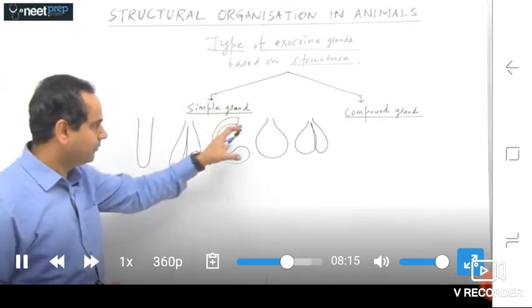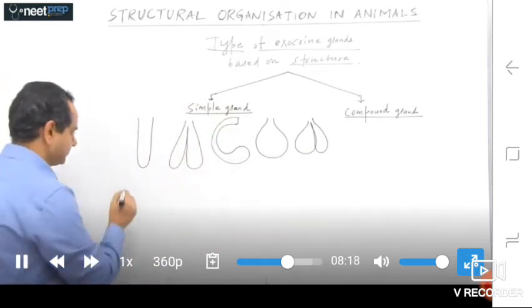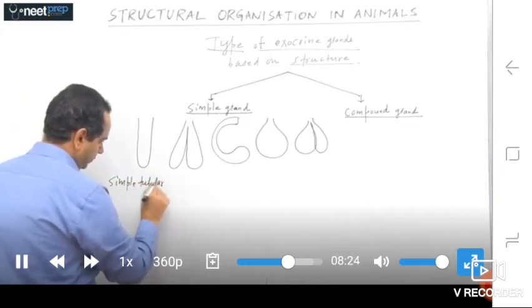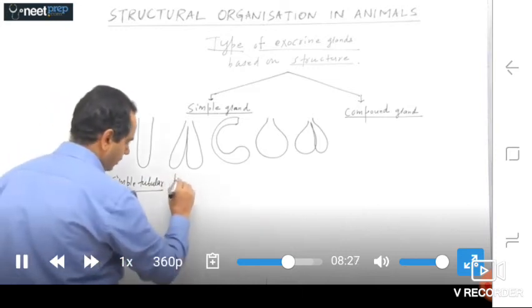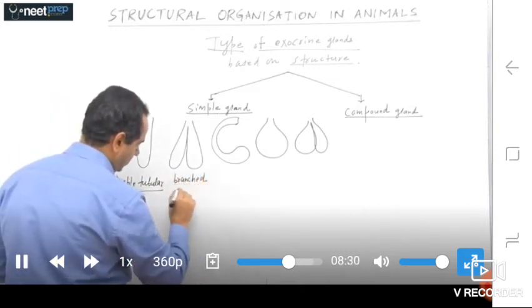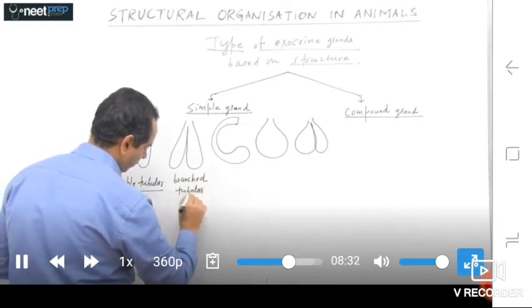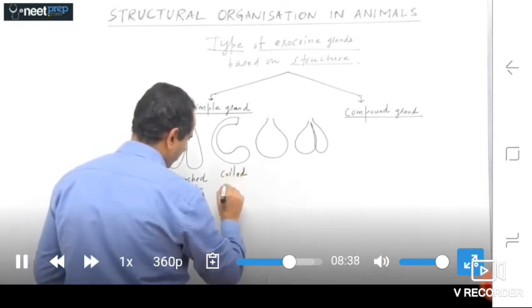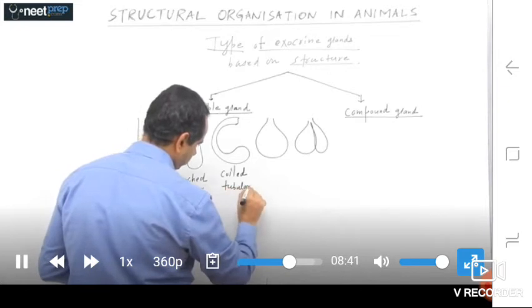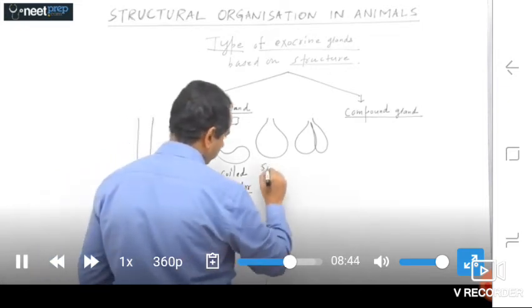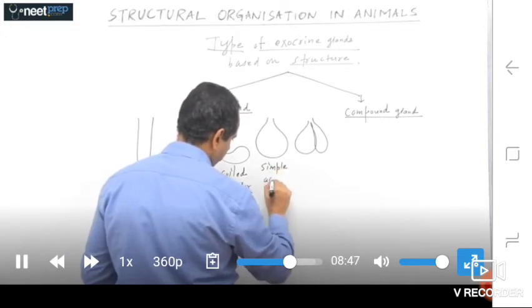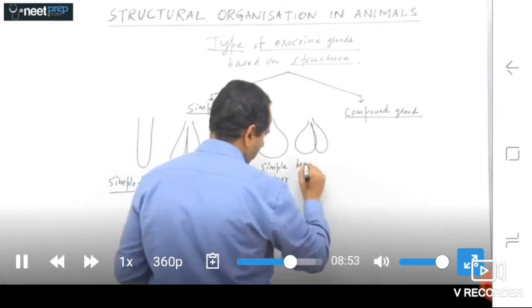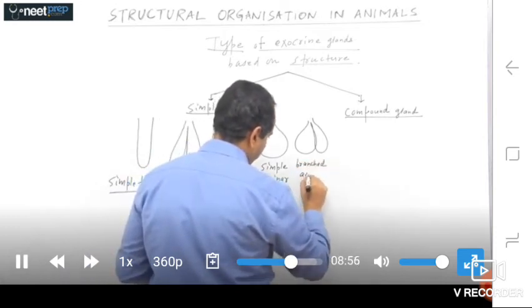So remember, these are all different types of simple glands. That is simple tubular. This is called branched tubular. This is called coiled tubular. This is called simple acinar, sac-like. This is called branched acinar.